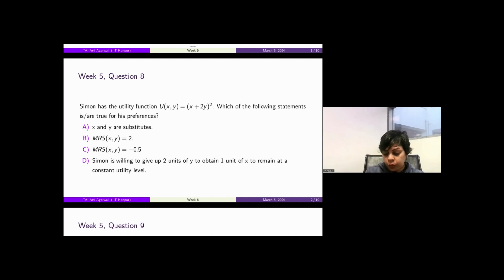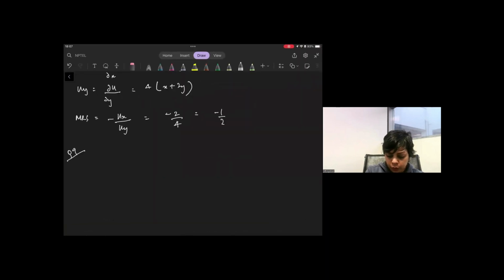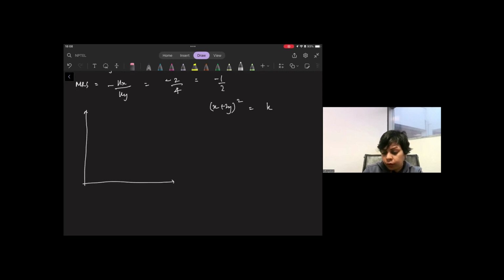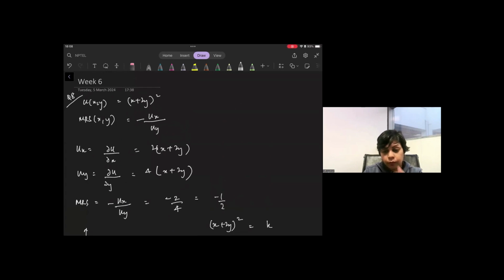What we do in these cases is usually it's helpful to plot the function, even if you've not been asked for a very graphical answer. It's still easier to plot the function. If I want to plot the indifference curves, the indifference curve is basically a level curve of the utility function.